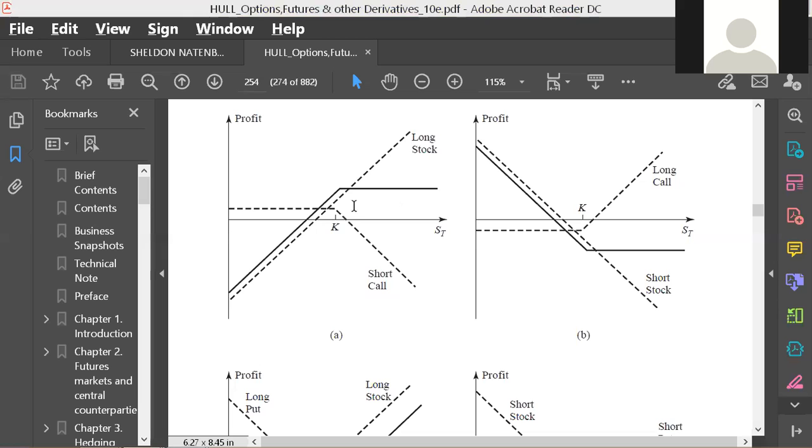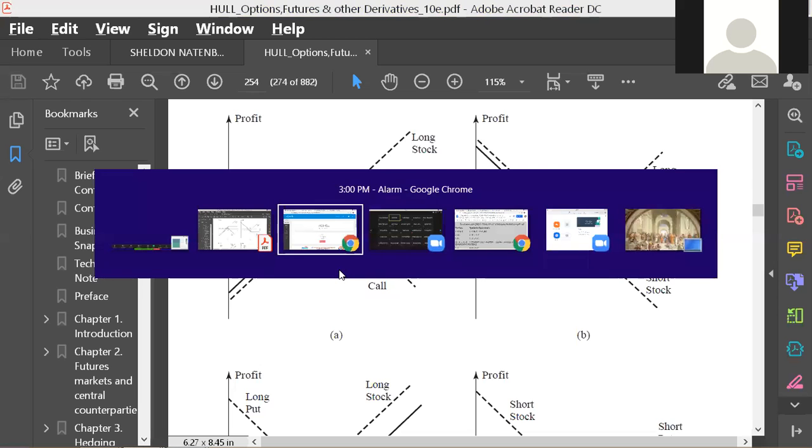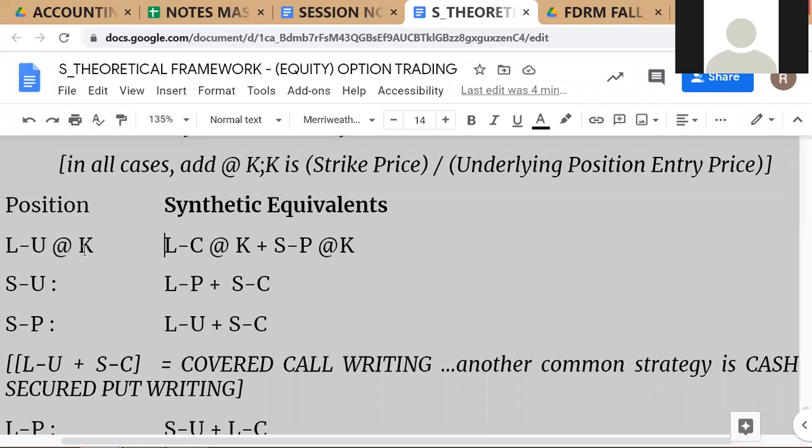So this is how you should go about this process: you look at what is the position that you're considering. The position that you're considering is long underlying at K. And so now you're asking yourself, what is the synthetic equivalent of this position? You know that the synthetic equivalent must be in a different market instrument combination, so you can't consider spot instruments. Therefore, you have to look at options here, because we are dealing with options.